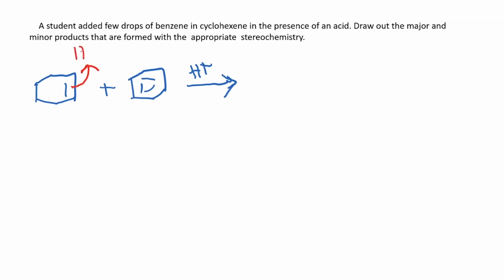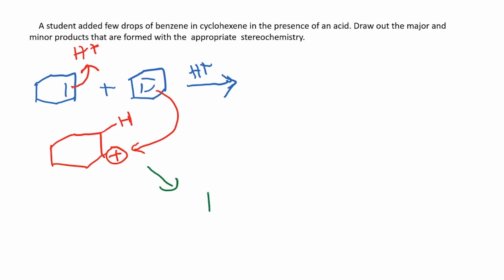So if it gets protonated, then you end up with a compound such as this, where you have a cyclohexyl carbocation. Now you can propose that there's an attack by the benzene ring on the carbocation, and you may end up with a compound along these lines.